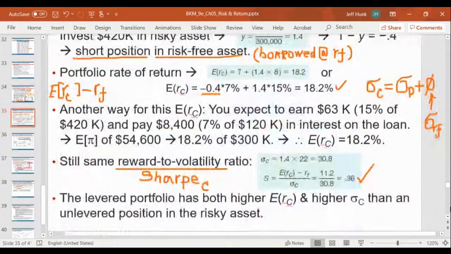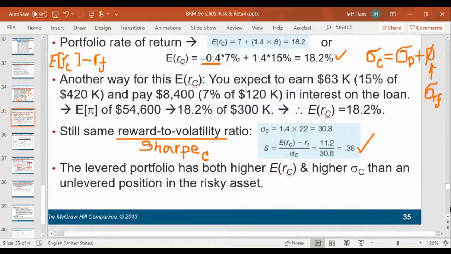So the levered portfolio has both a higher expected return on the complete portfolio and a higher standard deviation than an unlevered position in the risky asset.